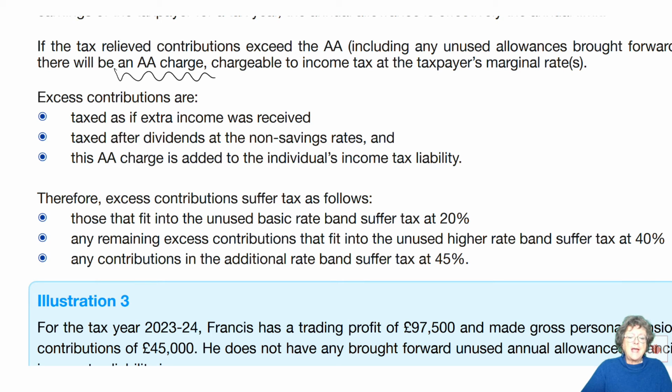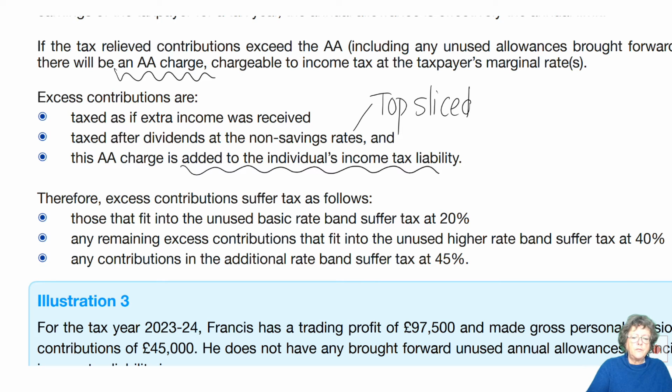It's taxed after dividends at non-savings rate, so it's top sliced, and it's added to your income tax liability. So excess contributions suffer tax. Those that fit into the unused basic rate at 20%, if you're high rate at 40%, an additional rate at 45%.